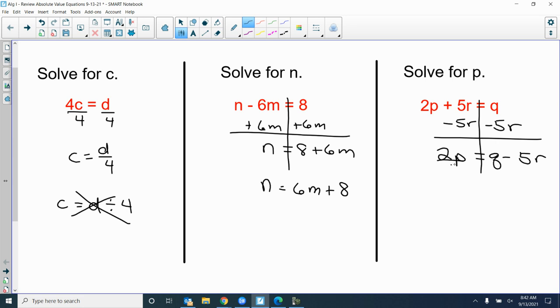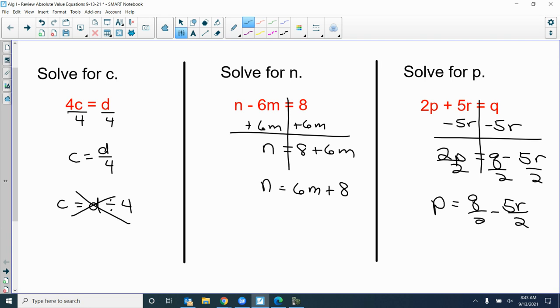Yep, divide each piece by 2. Use that fraction. And so this is Q over 2 minus 5R divided by 2. 2 doesn't divide into any of them evenly, so we just leave it like that. So if you got that, you're good. All right. Key thing: subtract that 5R first.